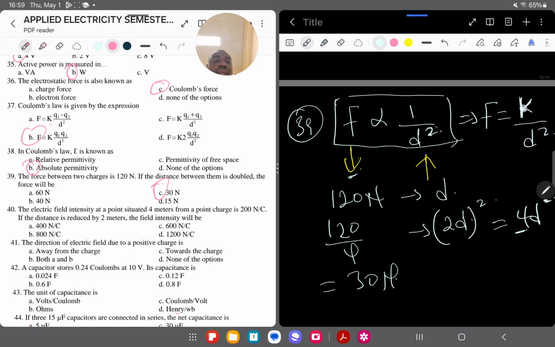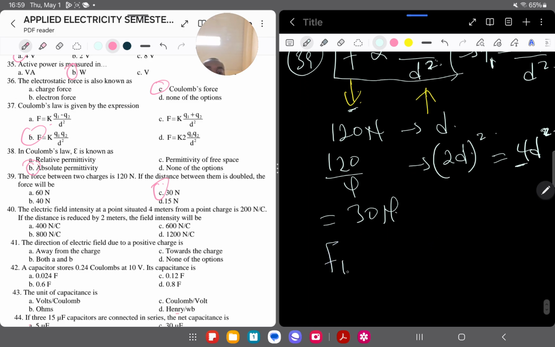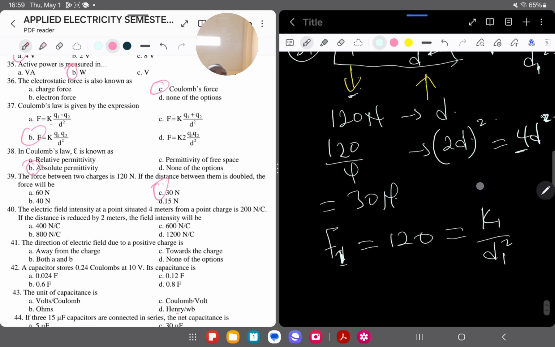This is just capital K1, I'm just replacing it with a constant. This is for F1. So in the first case, F1 equals 120, meaning it's actually equal to K1 over D1 squared.